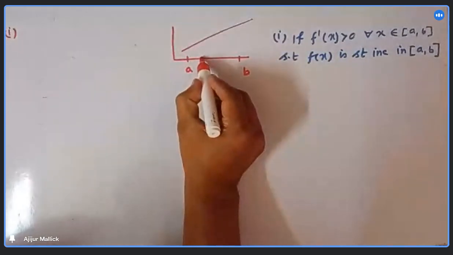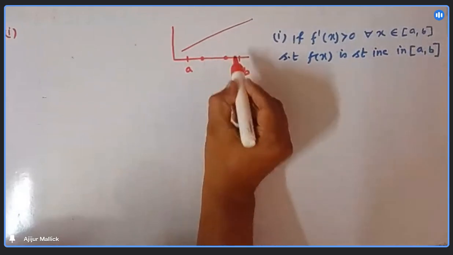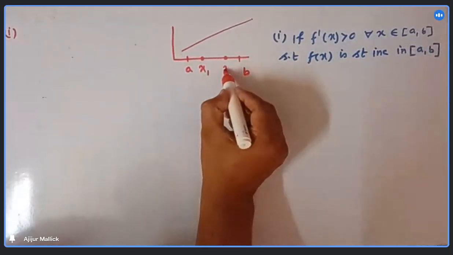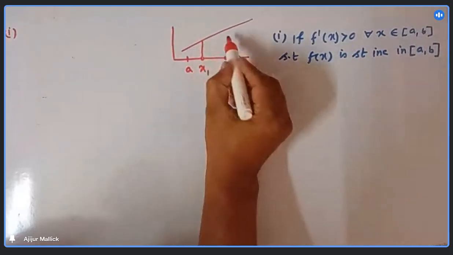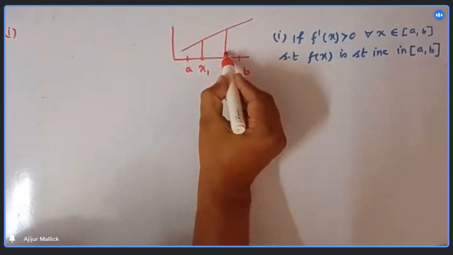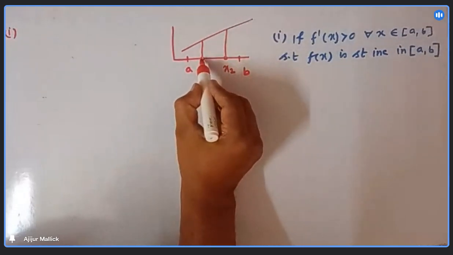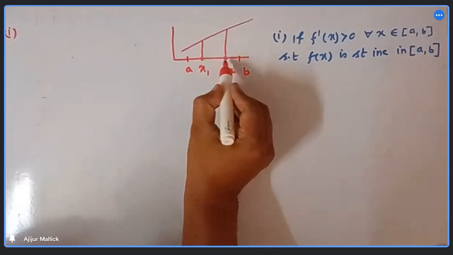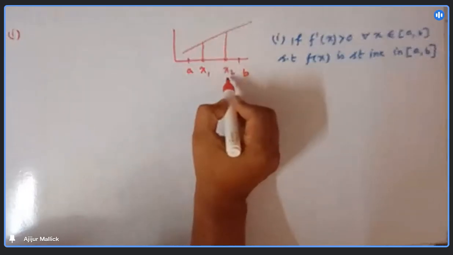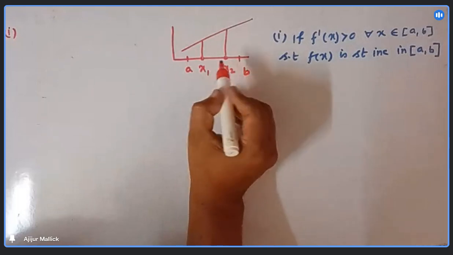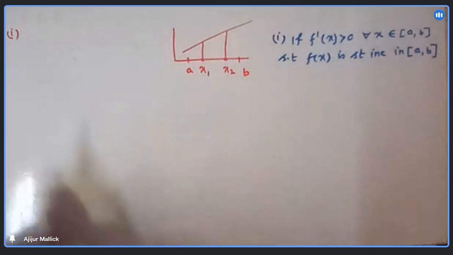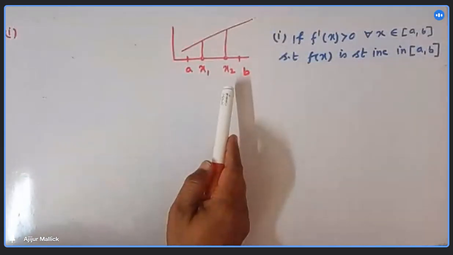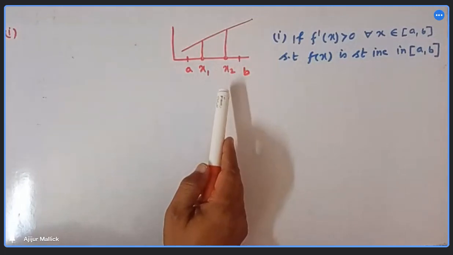So if you take two arbitrary points x1 and x2, then f of x2 will be greater than f of x1. So our aim is to show that f of x2 is greater than f of x1. Is it clear what I want to say? Yes, sir.